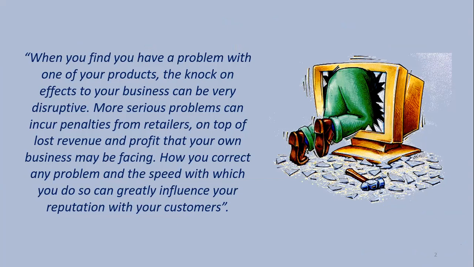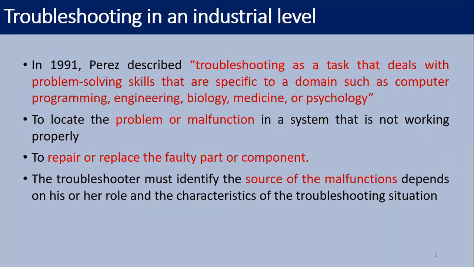The very good example is aflatoxin in coconut oil. Then what happened to those companies? You could see some advertisements in media and social media like Facebook, where they have published the brand names also. So it will badly affect us. Therefore, it is very critical to handle our troubles in a scientific way.